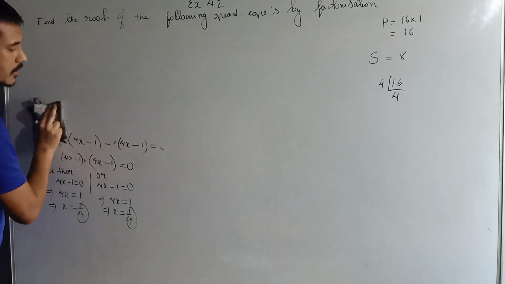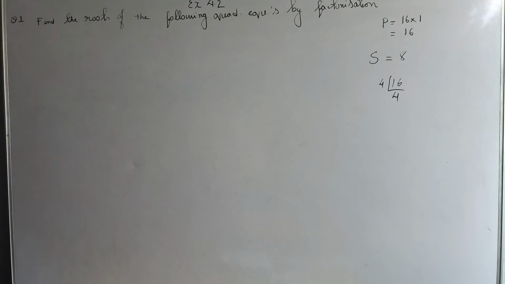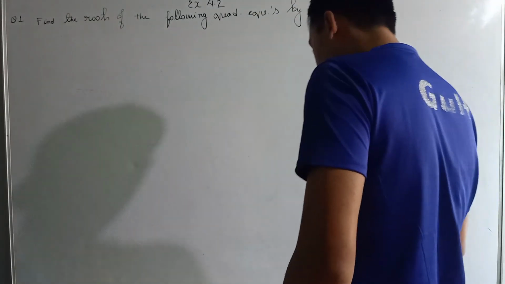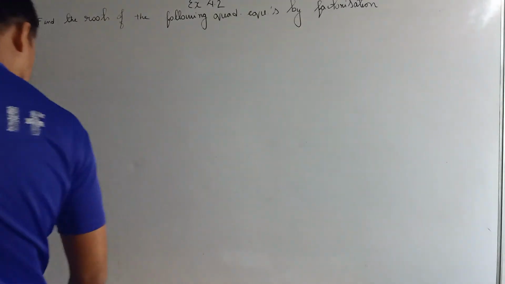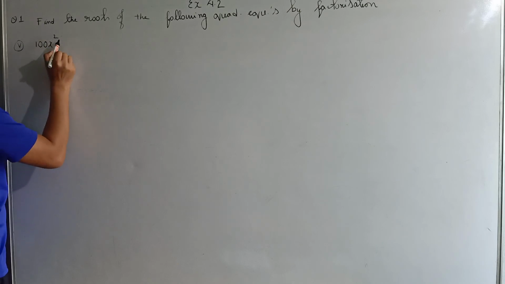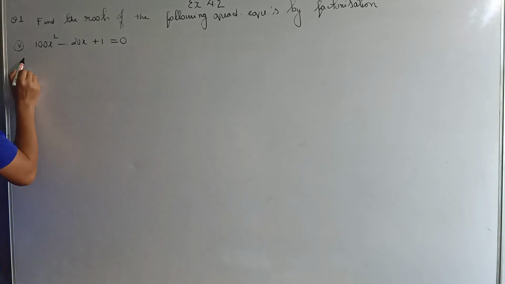Now let us go for the fifth one, Roman number 5 of question number 1, the last question of question number 1, that is 100x squared minus 20x plus 1 equals to 0.